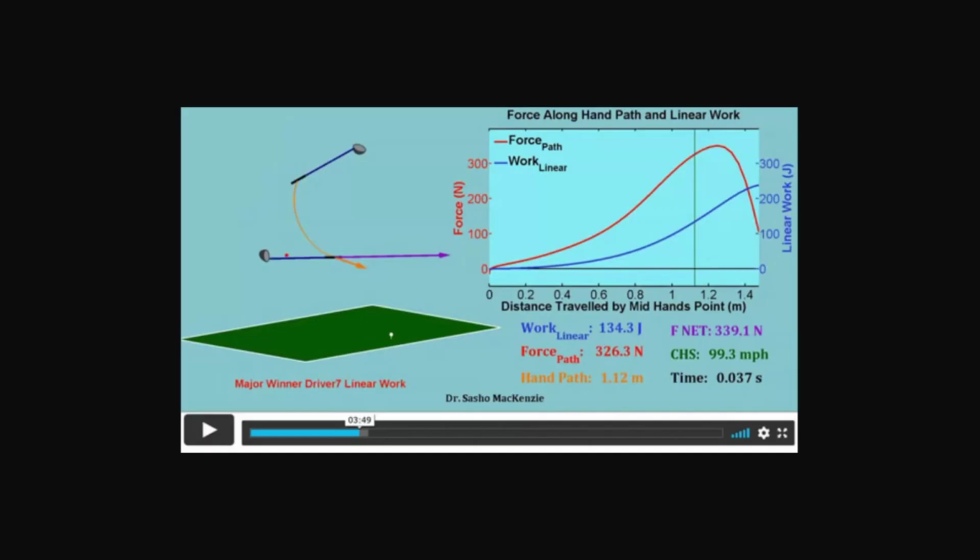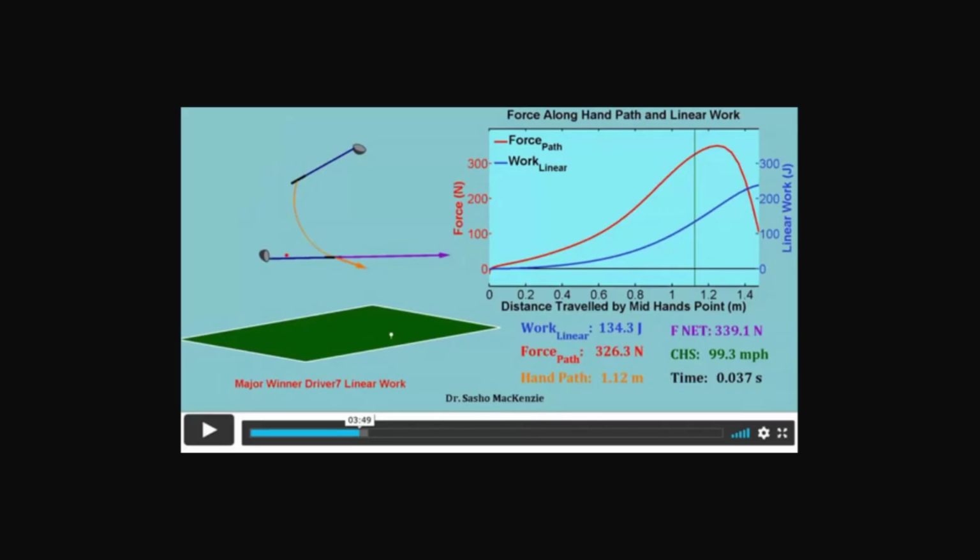And then he used the computer modeling process of inverse dynamics, where you work backwards to work out what are the forces that a professional golfer is applying to the club handle during the downswing.